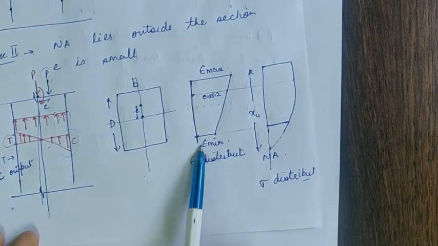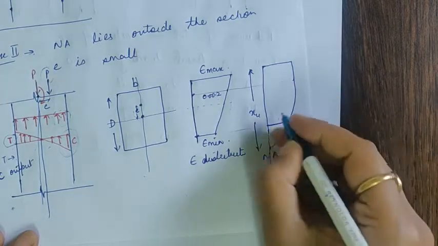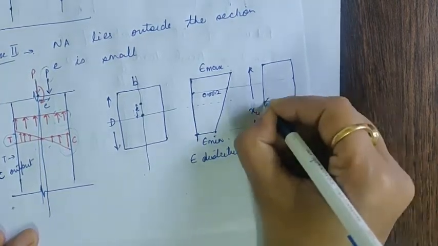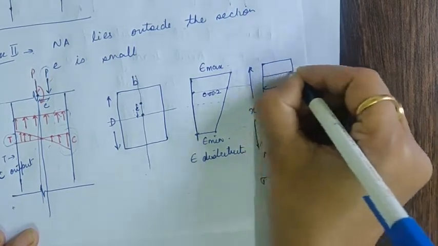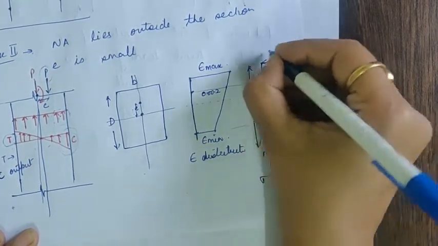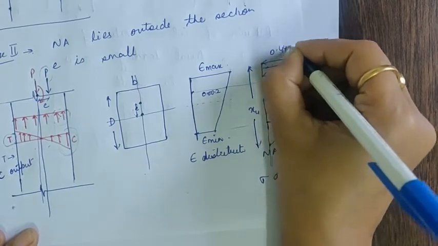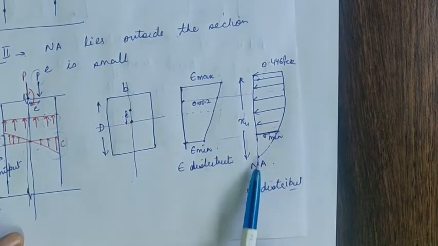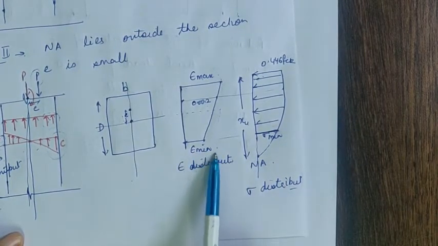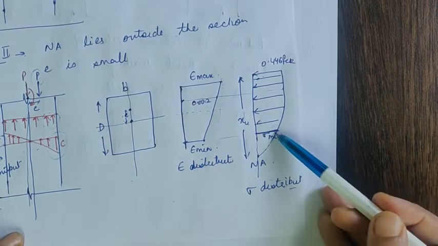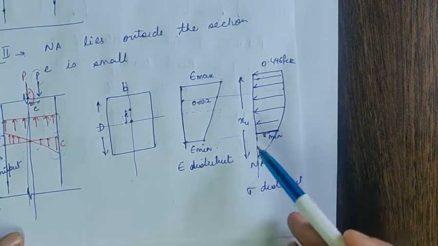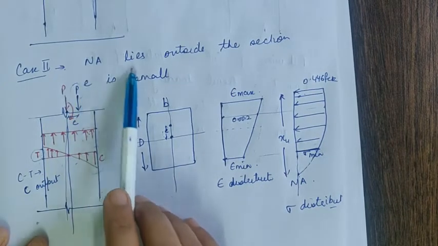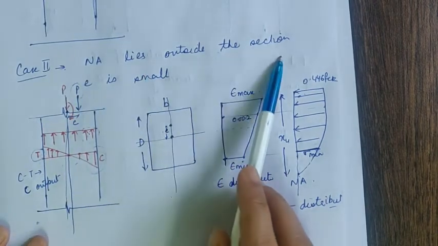This is the minimum strain, and this is the minimum stress that is coming. And the whole of the system is subjected to compressive stresses, where maximum stress is 0.446 FCK. Minimum stress is some value, but the minimum stress is not zero because we have a compressive strain here. So it means the tip of this particular parabola will lie outside the section, and that is what the second case is. Neutral axis lies outside the section.